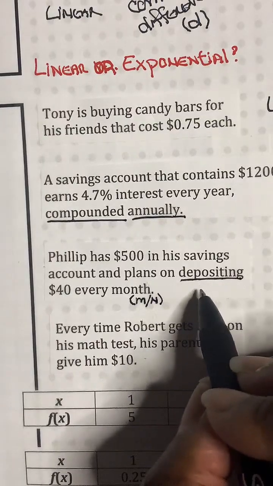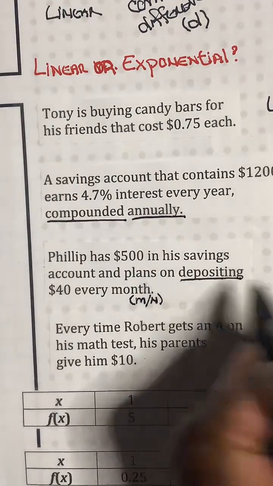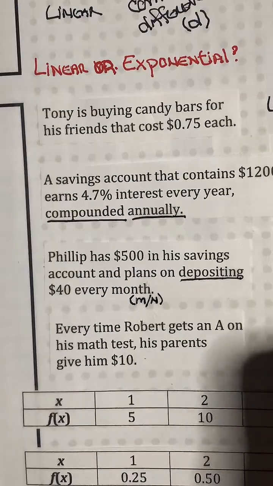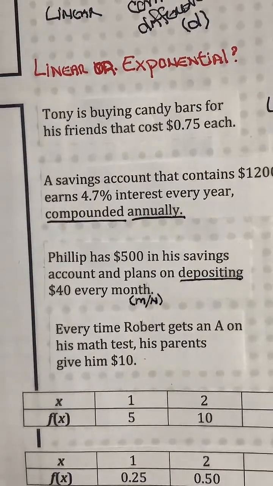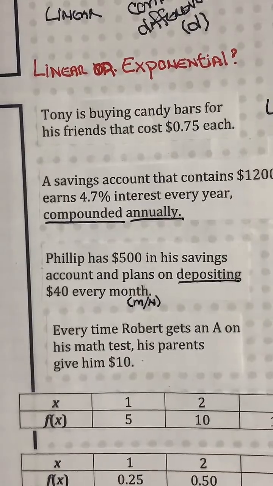If we think of it as a savings account and he's depositing, that will be plus 40, and then our variable, which could be M, it could be X, it could be anything. Now, if we're thinking about his pockets, that will be subtracting.